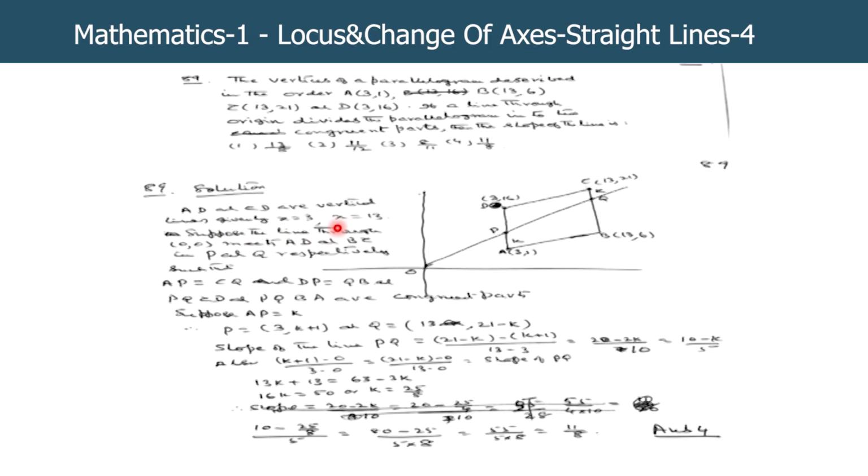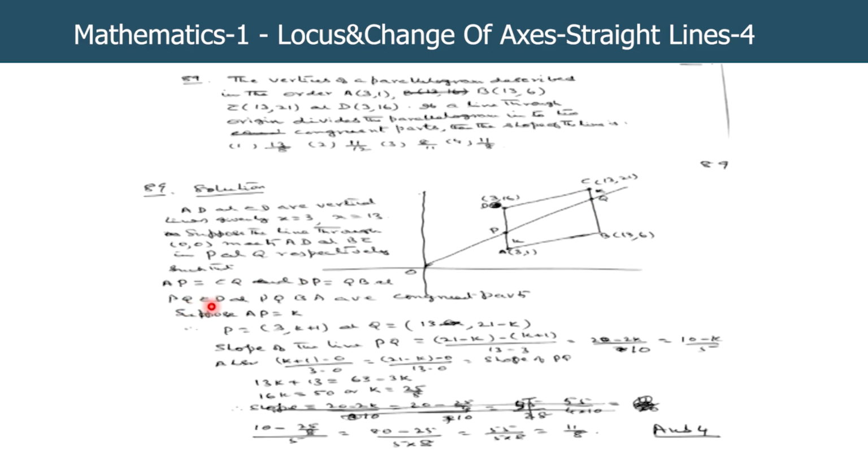Suppose the line through (0, 0) meets AD and BC in P and Q respectively, such that the parts are congruent. So you will get AP = CQ and PD = QB.